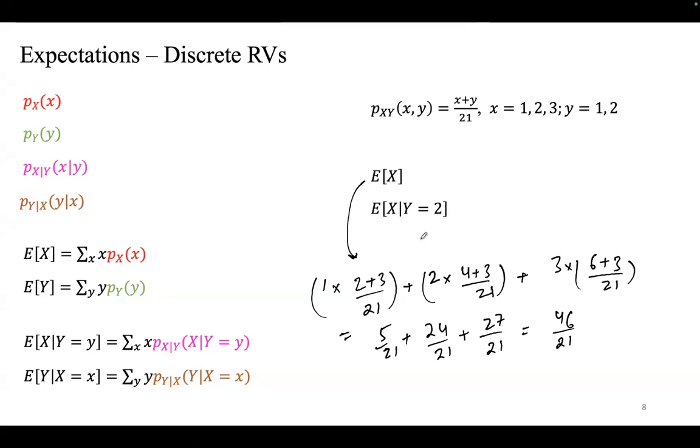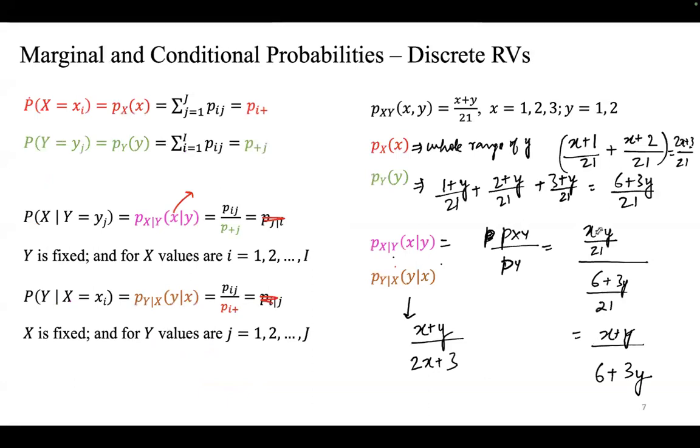Okay, so this is one part. Now for the second bit, you're fixing some value of y. So now if you remember this expression here, x plus y upon 6 plus 3y.